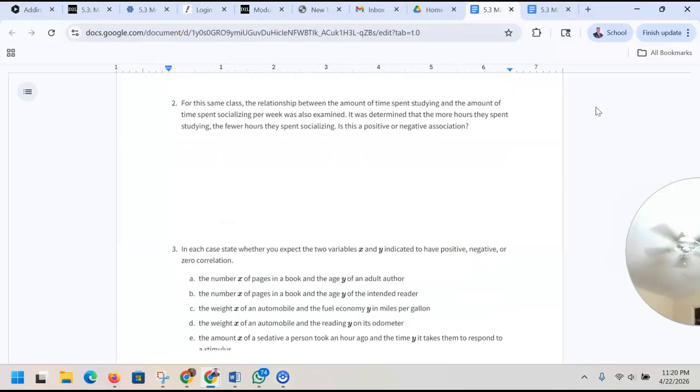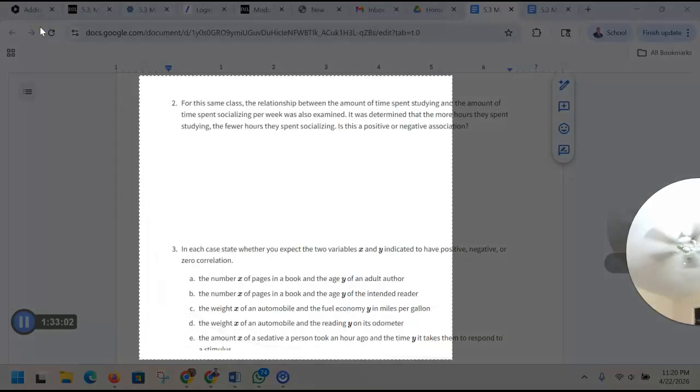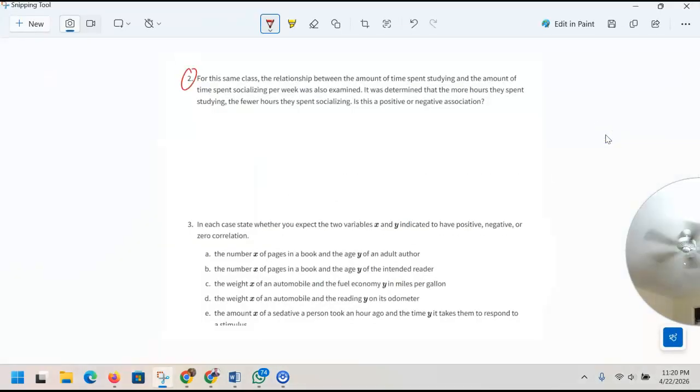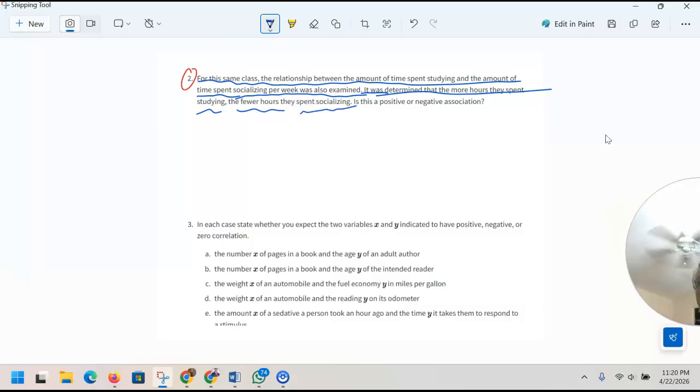The second question says, for the same class, the relation between the amount of time spent studying and the amount of time spent socializing per week. It was determined that the more hours they spend studying, the fewer hours they spend socializing.